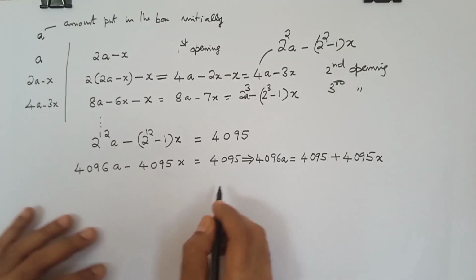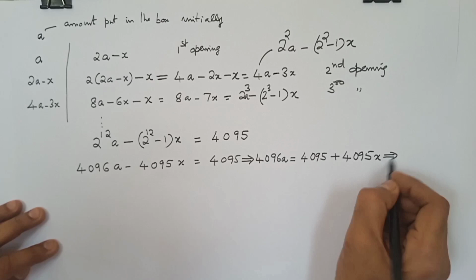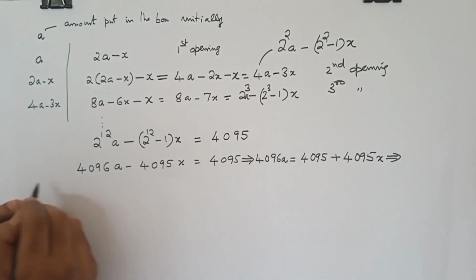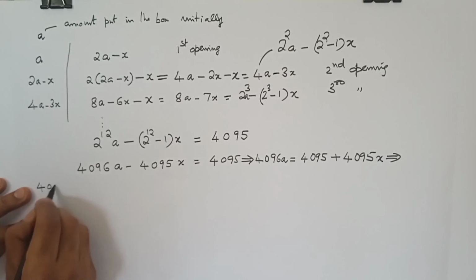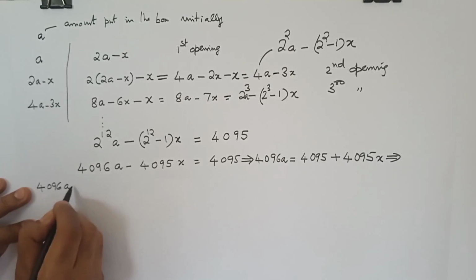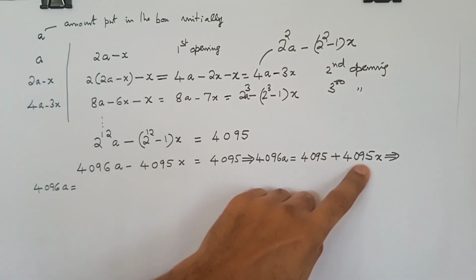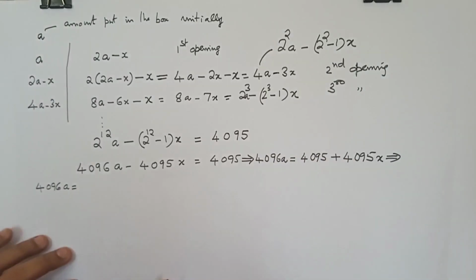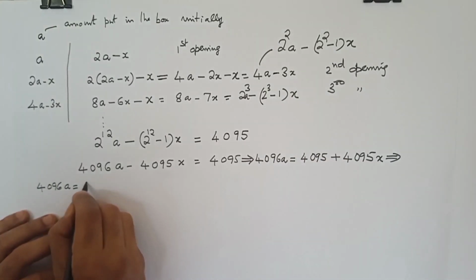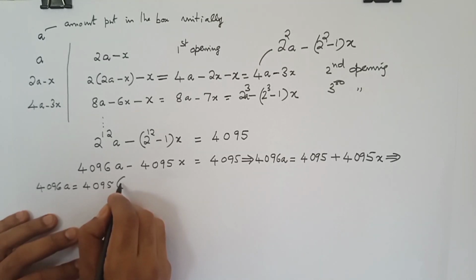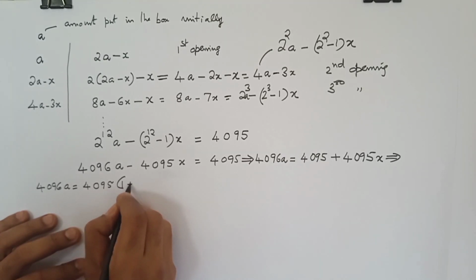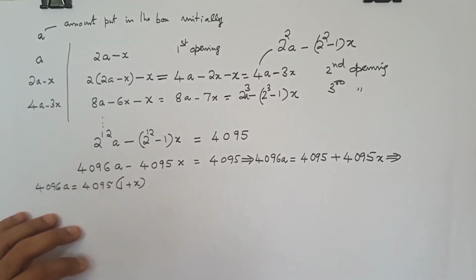Okay. Now let me write that again. 4096A. On the right side you see 4095 being repeated twice. So you take it out: 4095. Inside what do you get? 1 plus x.